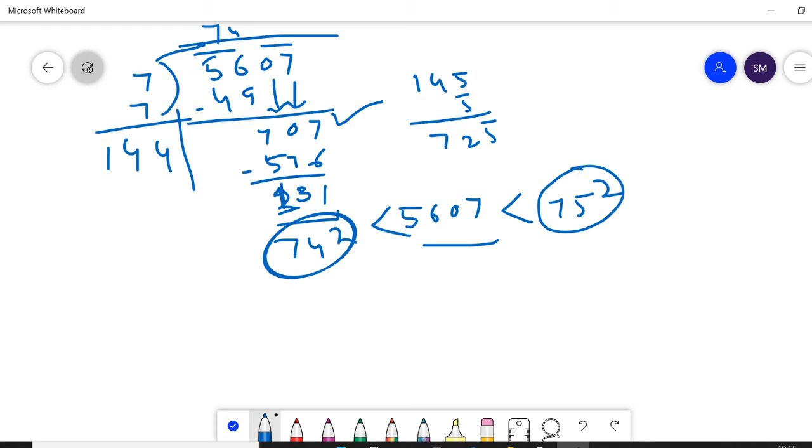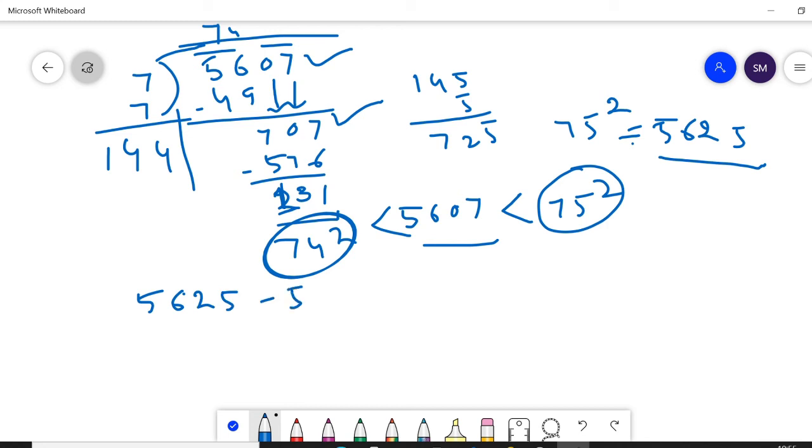At first find out the square of 75. 75 square is 5625. Then what number should be added to 5607 to make it 5625? Then subtract 5625 minus 5607. What do we get? We get 18.